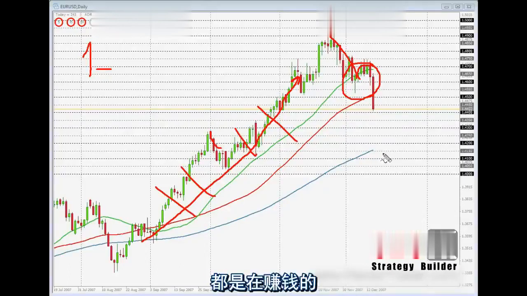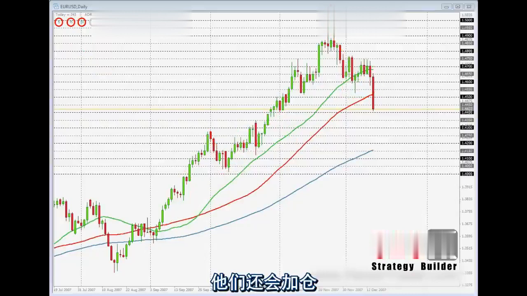They are in the money, they've been holding their positions, perhaps adding upon every retracement, building up their long positions with further lots, further contracts in this particular trend.